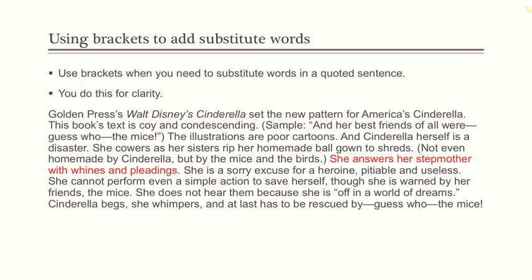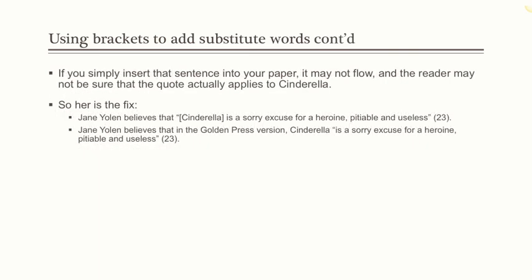And if you're going to use this source as an example to substantiate your points, you want to use whatever in this is most supports your argument. So for the sake of argument, say you want to quote, she answers her stepmother with whines and pleadings. Now, if you are in the middle of a paper and you don't know who she is, you need to tell your readers Cinderella.